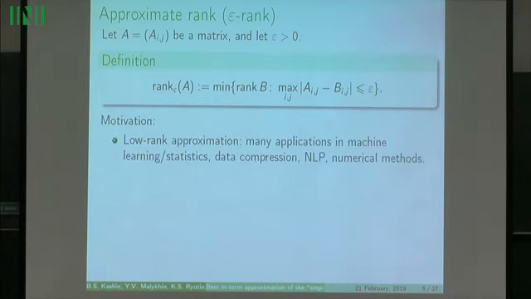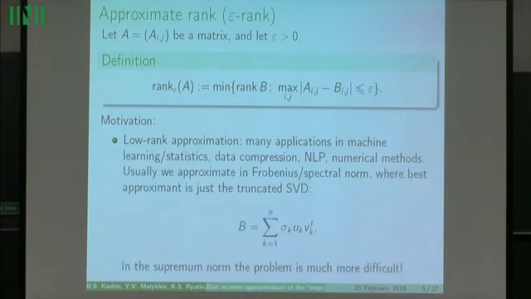The motivation for this problem, for this notion, includes some applications in machine learning, statistics, data compression, nonlinear programming, and some kinds of numerical methods. Usually it's much easier to approximate things in the L2 norm rather than in L infinity.